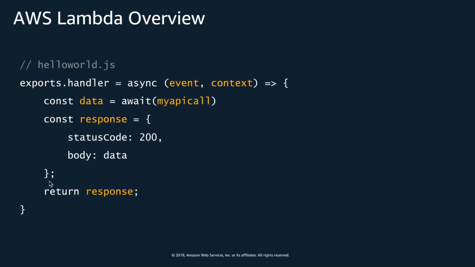So we're awaiting some random API call. Once that is returned, we store that in a variable called data. We create a new response object that has a status code and a body. We pass the data as a body, and then we just return that entire object back to the caller. And this is a very basic definition of what a Lambda function typically would look like.